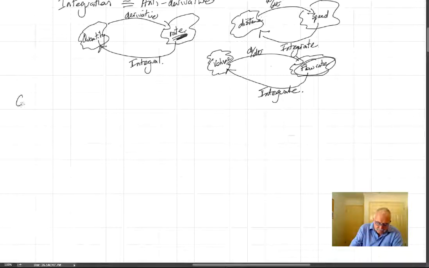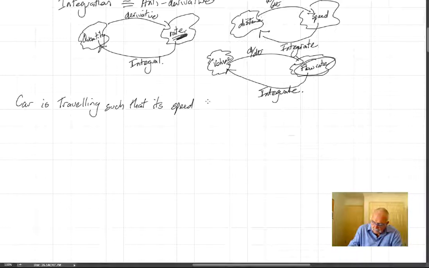Say a car is travelling such that its speed is given by v of t equals 25 minus t squared, where the velocity or the speed is in meters per second and time is in seconds.